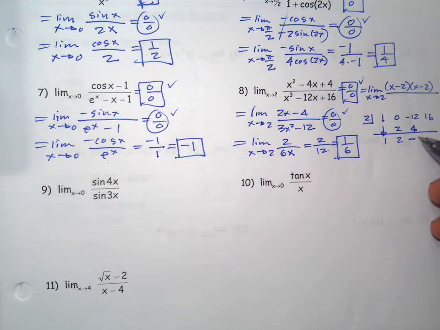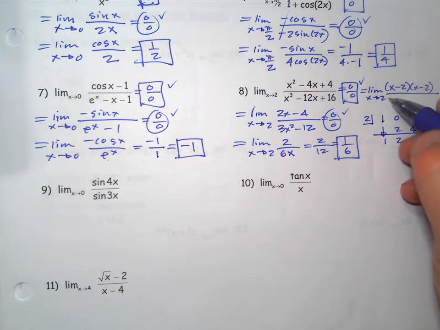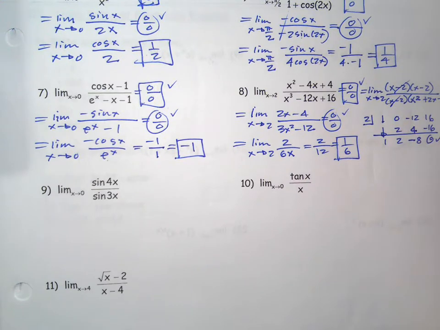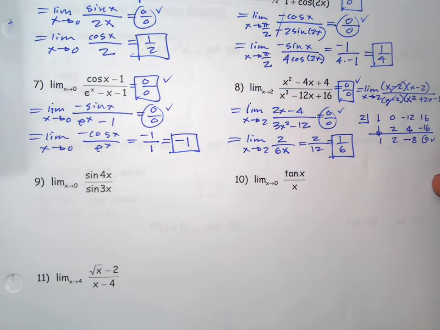Let's see. Works out nice. Get a 0 at the end. So this is going to be x minus 2 times x squared plus 2x minus 8. One of these cancels. Plug 2 back in.